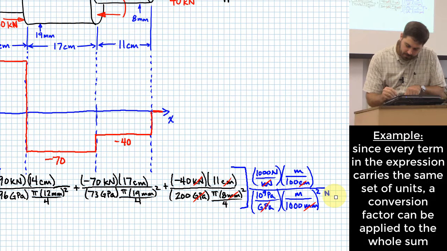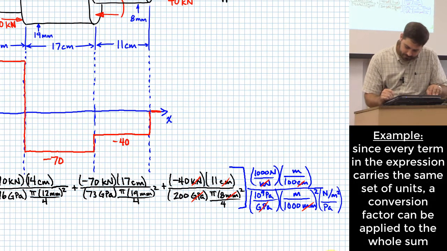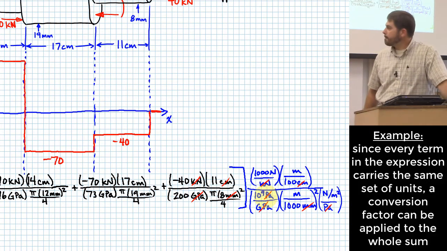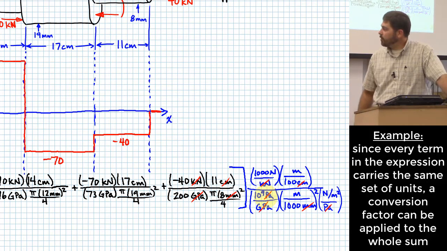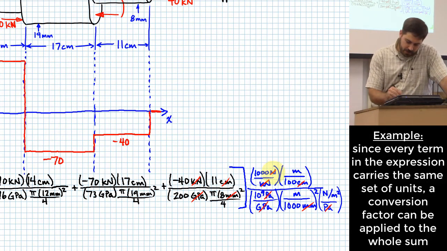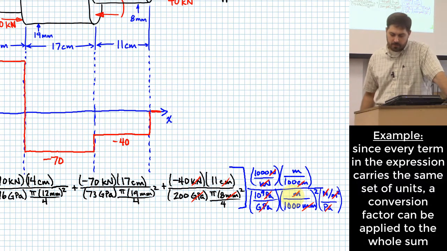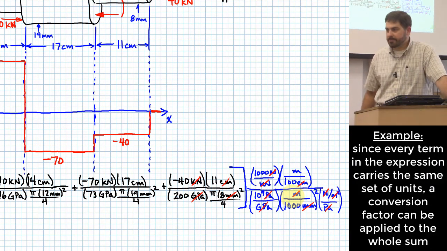Sorry about that. Right, and that's a Pascal. So the Pascal goes away. Right? So that actually knocks out my meters squared right there, and it also knocks out the Newton. And I'm left with meters.